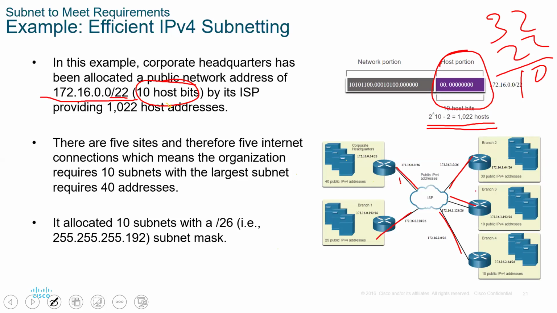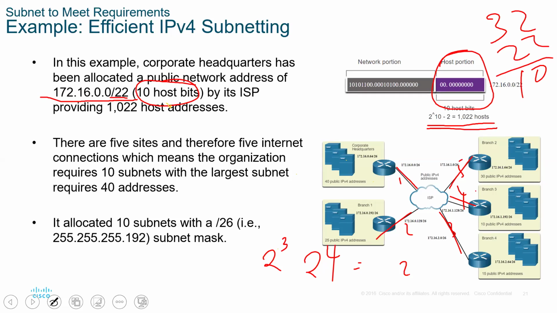This is 1, 2, 3, 4, 5. 2 raised to the power of what will give you at least 5 subnets? So 2 raised to the power of 3 will give you 8. 2 raised to the power of 4 will give you what? 16. 2 raised to the power of 5 will give you 32, and so on and so forth. That is how you continue to go until you get to where you're going to.